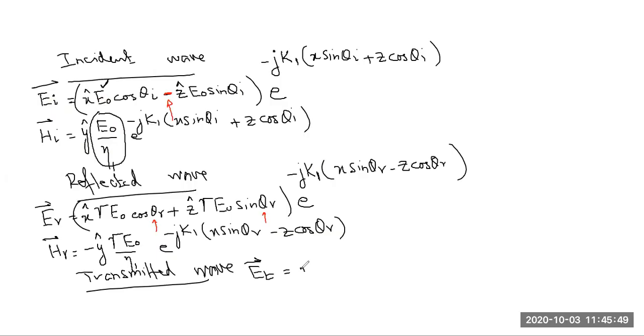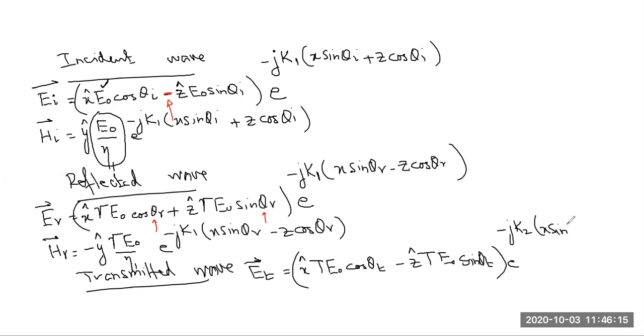So E t will have an x component. The magnitude will be T times E naught, and I will have cos theta t, minus z, and then T E naught sin theta t, and then e power minus j k2 x sin theta t plus z cos theta t.